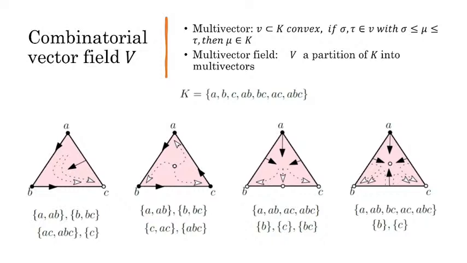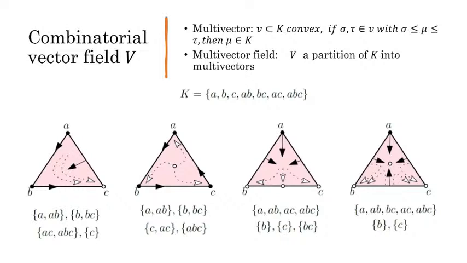Yes, of course. Forman defined this. Actually, this entire theory started with Forman's vector field, and this multi-vector field is more powerful because it generalizes the Forman vector field. Forman vector field allows you 2 simplices or a single simplex, but multi-vector allows you multiple simplices.